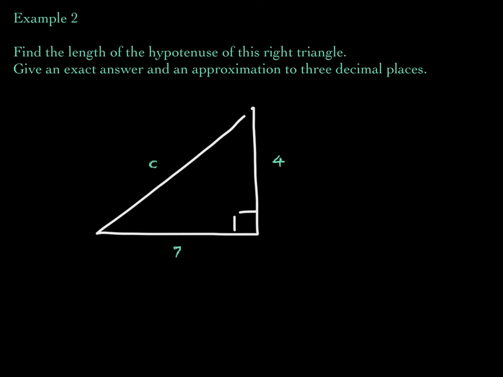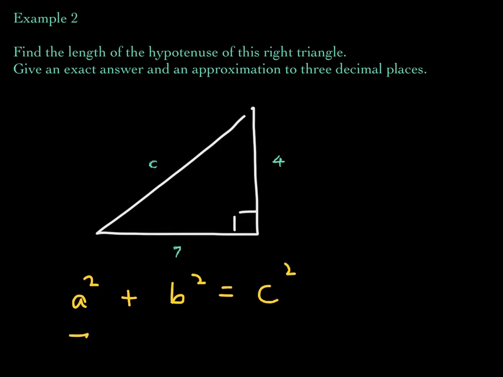In example 2 here, it says find the length of the hypotenuse of this right triangle. So here's the hypotenuse. And give an exact answer and an approximation to 3 decimal places. Notice that the length of this leg is 7 units and the length of this leg is 4 units. So we can use the Pythagorean theorem that says that one leg squared plus the other leg squared is equal to the square of the hypotenuse.